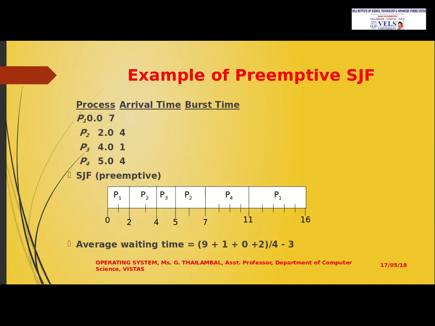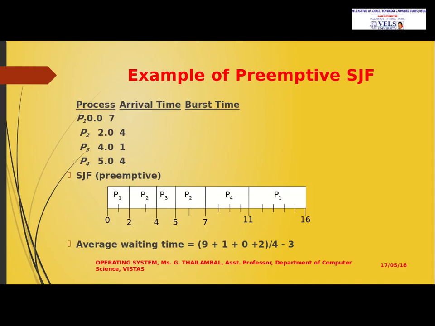Again we are taking the same 4 processes, with arrival time and burst time given. According to preemptive SJF, at time 0 only P1 has arrived, so we take P1 as the first process. It starts from 0, and while it is executing, at the second millisecond P2 arrives.